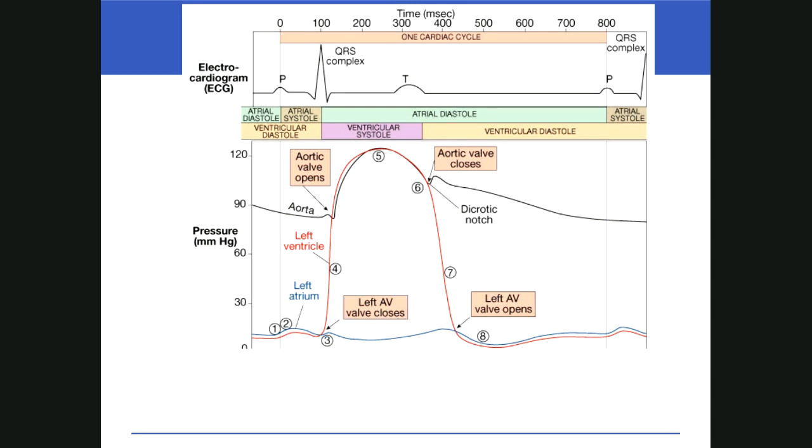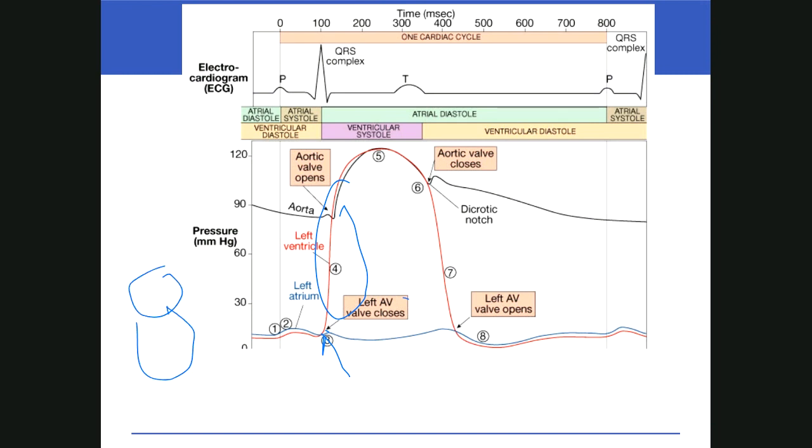Again, they open and close due to pressure differentials. Over here, the pressure's higher in the atrium. And so the valve is open. Blood's going this way. But the second you get right there and over here, the pressure's higher in the ventricle.